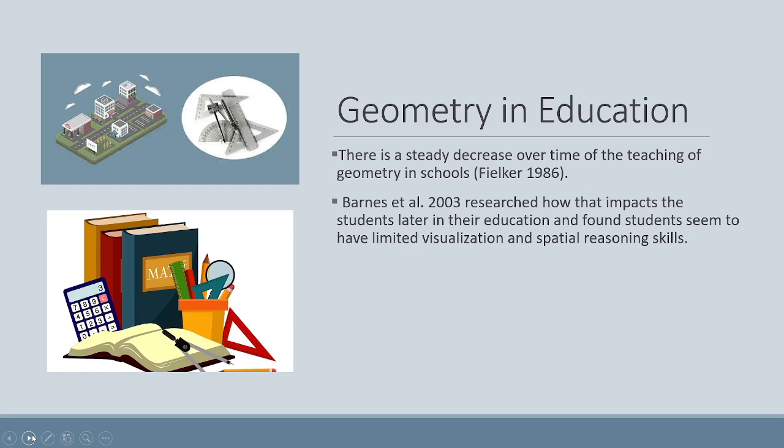Barnes in 2003 researched how that impacts the students later in their education and found that students seem to have limited visualization and spatial reasoning skills. And so there can be an argument made for an increase in geometry in education.